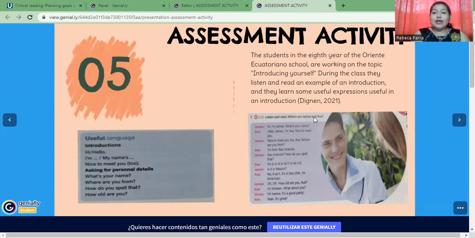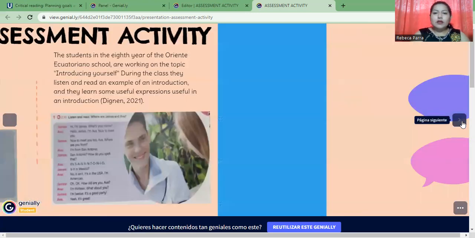The students of the 8th year of the Oriente Ecuatoriano School are working on the topic Introduce Yourself. During the class, they listen and read an example of an introduction, which we can observe in the image, and they learn some useful expressions for an introduction.